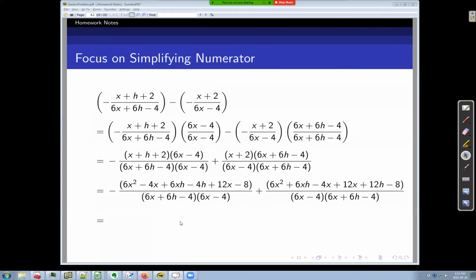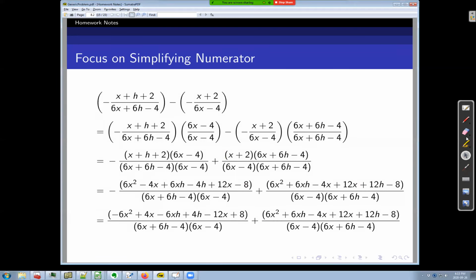So this 6x squared is going to become a negative 6x squared. This -4x will turn into a positive 4x. Positive 6xh turns into a negative. -4h turns positive.